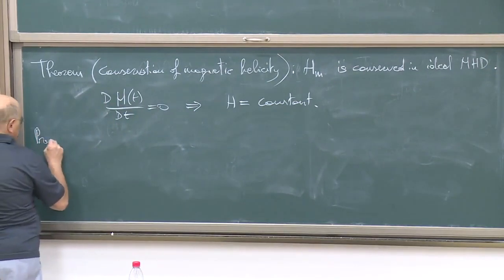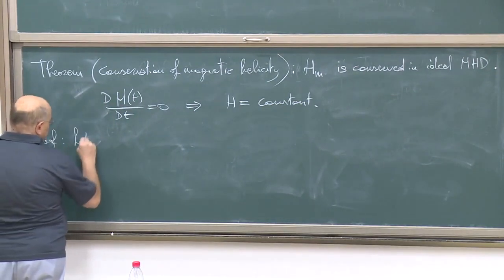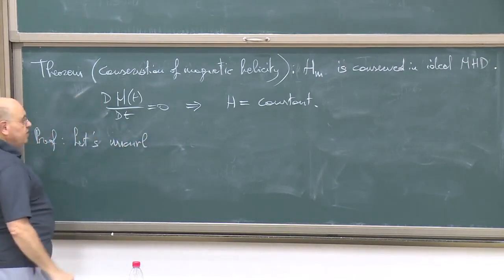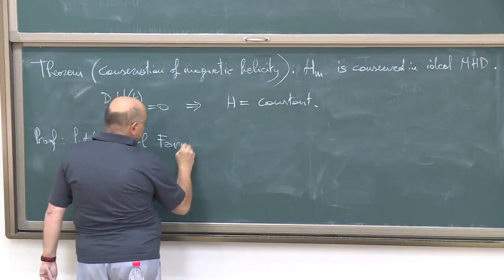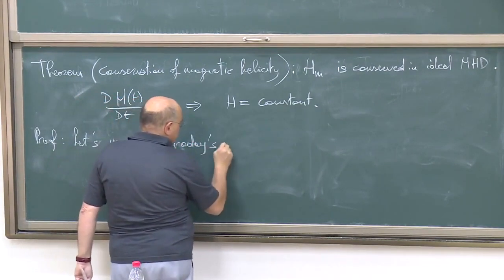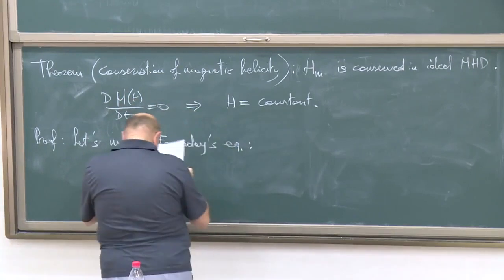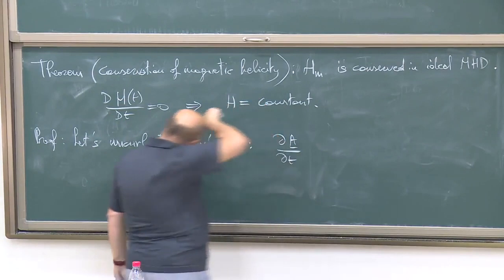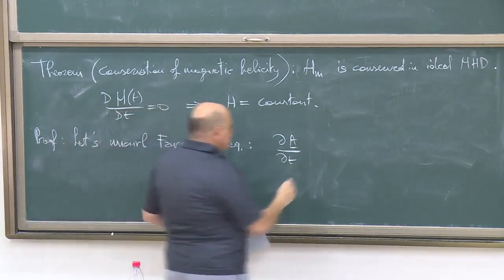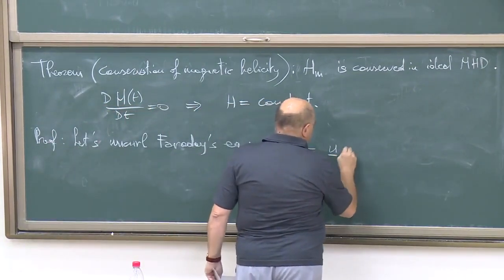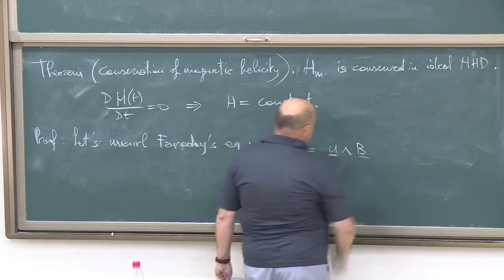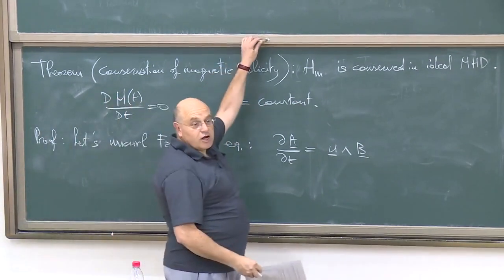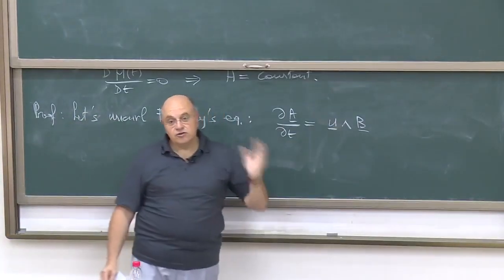So, proof. It goes like this. Let's uncurl Faraday's equation. This is done by taking the A from it, the ∂A/∂t equals U cross B. If you take a curl, you do derivatives.